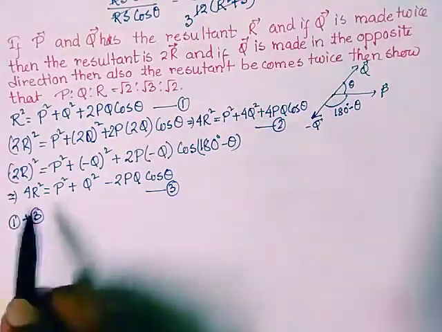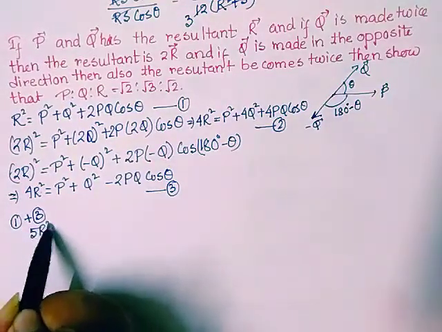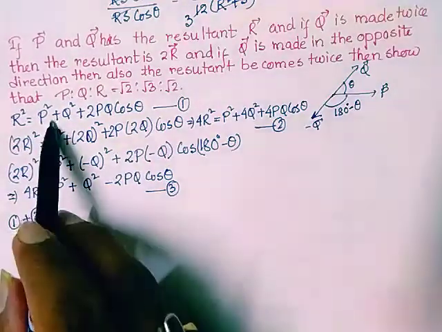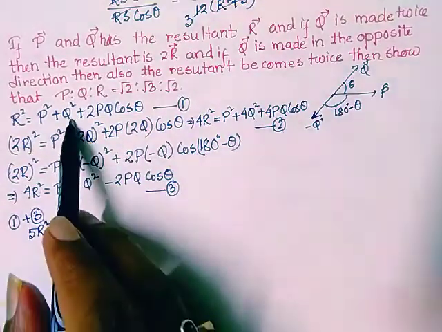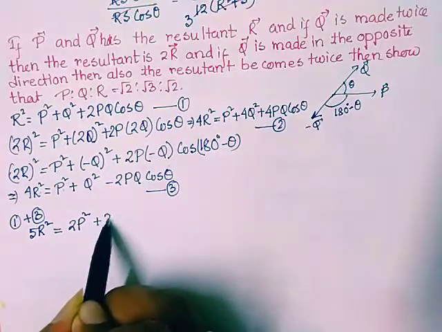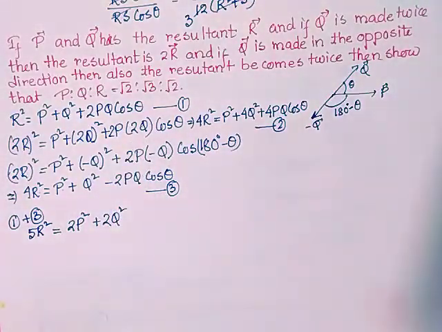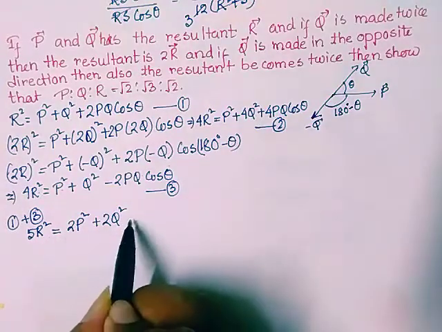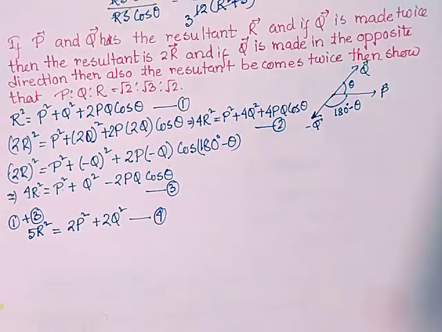At that time we will get r square plus 4r square, 5r square, p square plus p square, 2p square, q square plus q square, 2q square, plus 2pq minus 2pq, cos theta becomes 0. Okay, so this is our fourth equation.